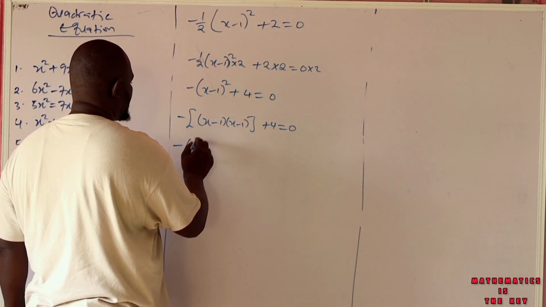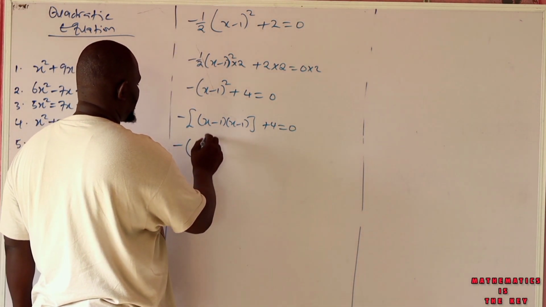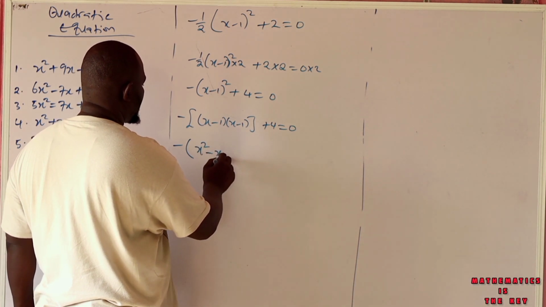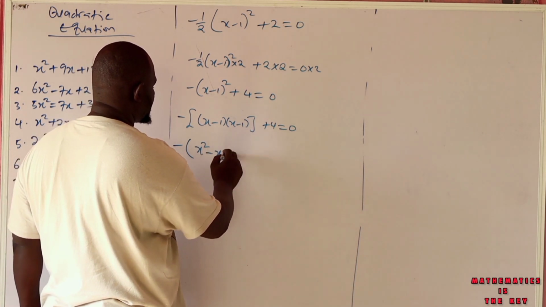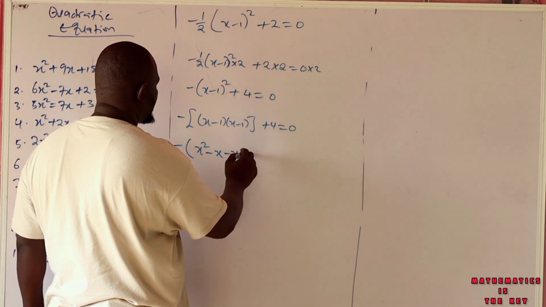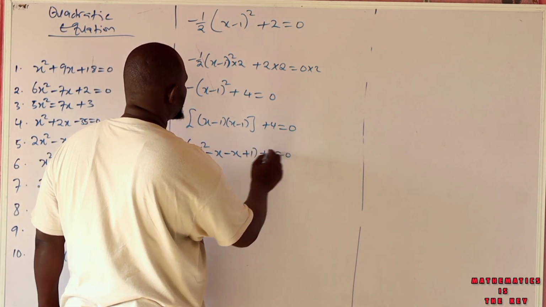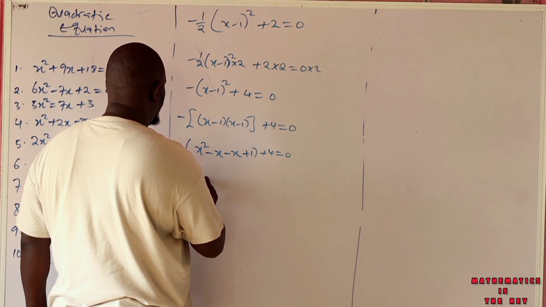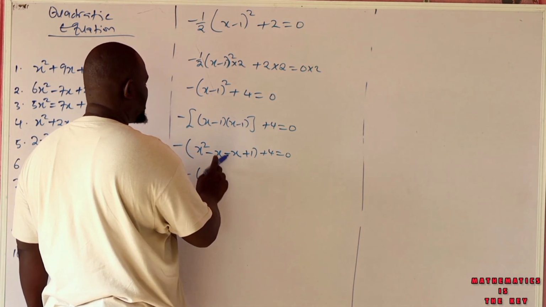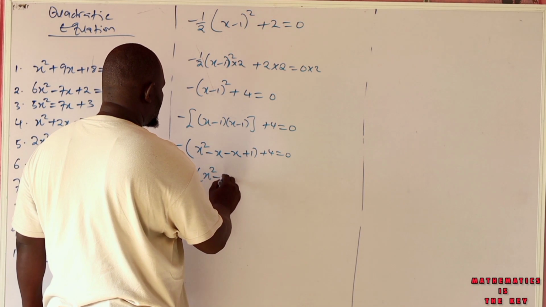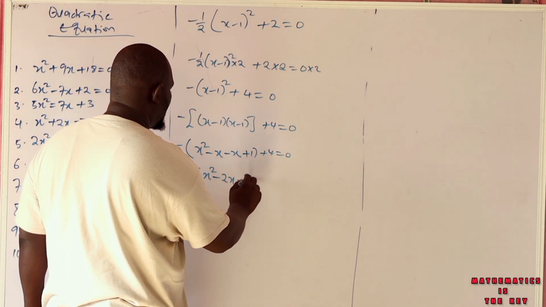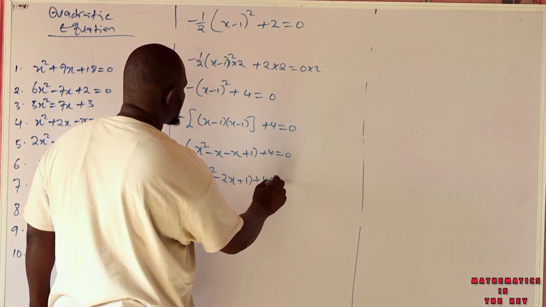Here we'll have x multiplied by x is x squared, x by minus 1 is minus x, minus 1 by x is minus x, and minus 1 by minus 1 is positive 1. Then plus 4 is equal to 0. We have minus into bracket x squared minus 2x plus 1, then plus 4 is equal to 0.